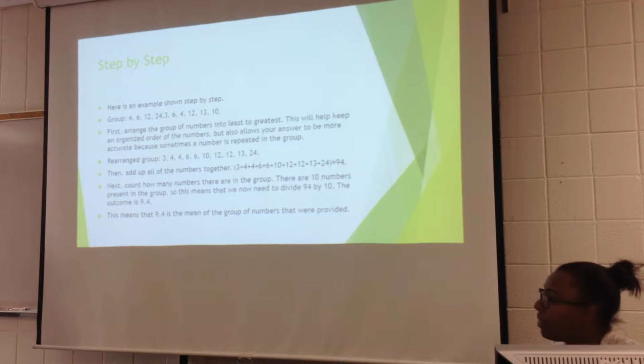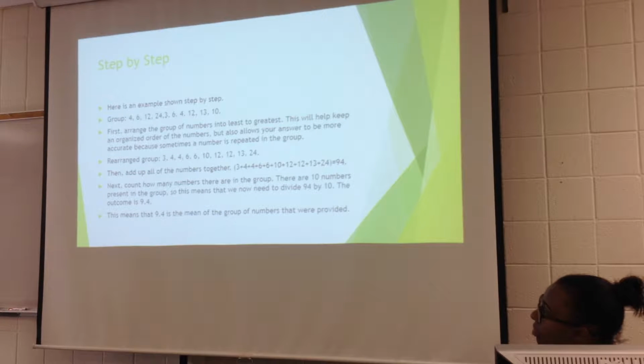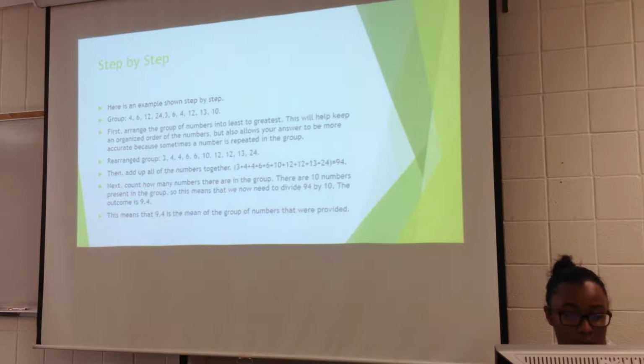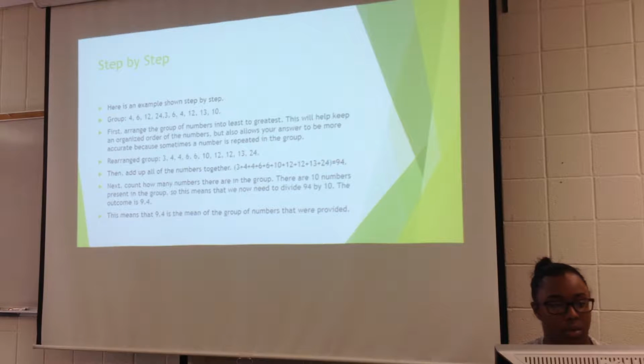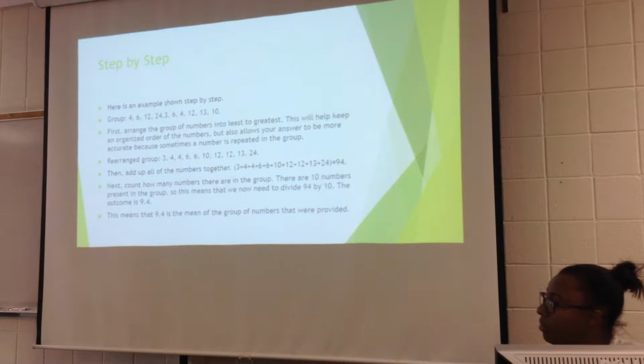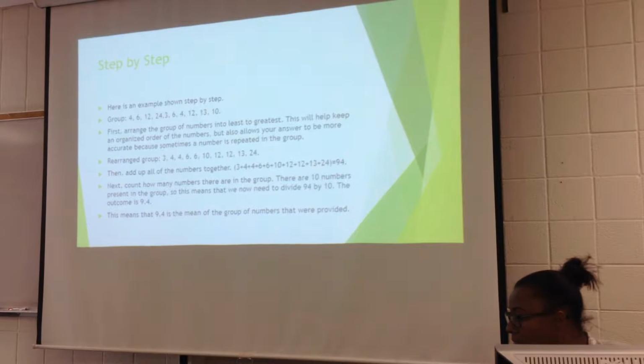Okay, so the step-by-step instructions are for the group 4, 6, 12, 24, 3, 6, 4, 12, 13, and 10. You first need to rearrange the numbers from least to greatest. When you rearrange it, it'll be 3, 4, 4, 6, 6, 10, 12, 12, 13, 24.